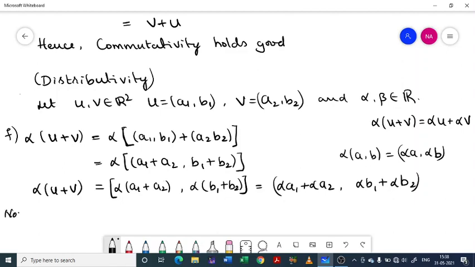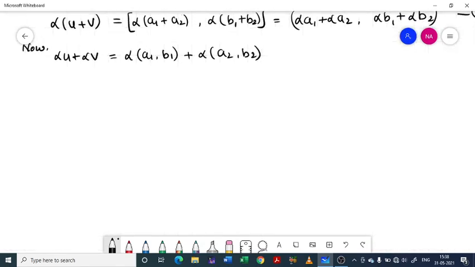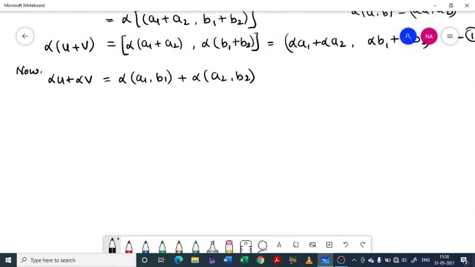Now alpha U plus alpha V, call the previous one equation 1. Alpha U plus alpha V equal to alpha times of U, which is A1 comma B1, plus alpha times of V, that is A2 comma B2. So this will be alpha A1 by definition comma alpha B1 plus alpha A2 comma alpha B2.